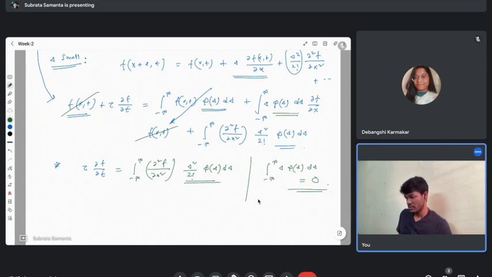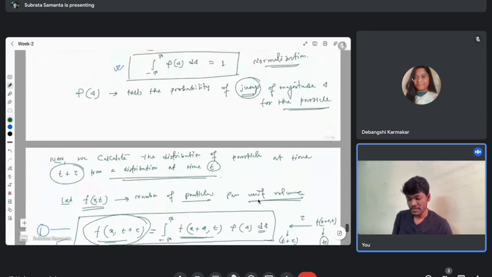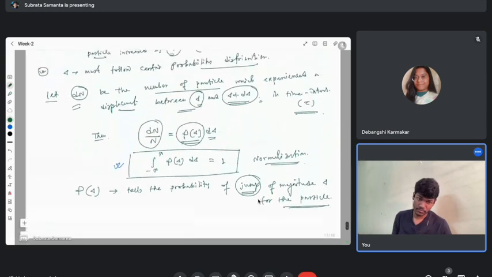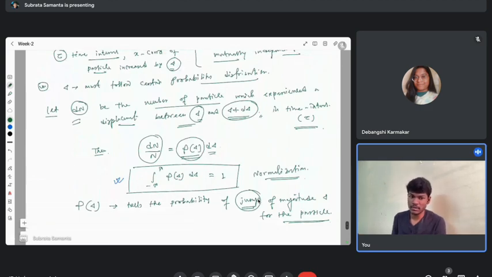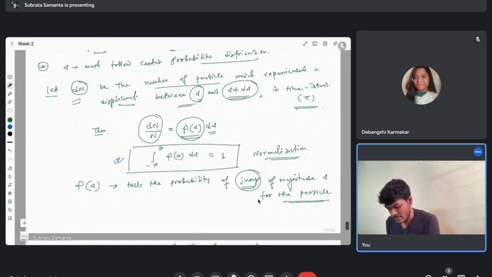Right? Because I said in the previous case that there are no preferred directions, so they can move in positive directions or negative directions, right? So phi delta is phi minus delta.